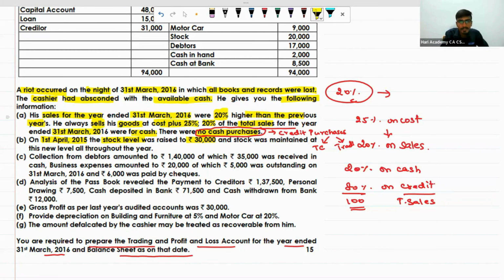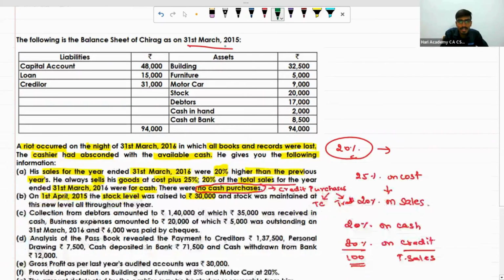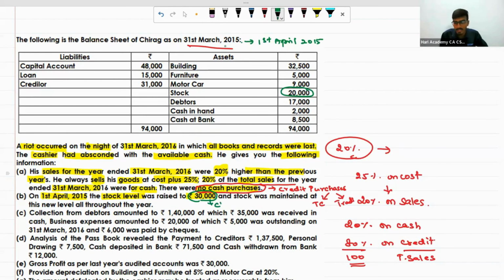On the balance sheet of 31st March 2015, I can take it as the 1st April 2015 opening balance sheet. On this, my stock is 20,000, which has now increased to 30,000. It is the closing stock. The stock was maintained at this new level all throughout the year. Every year, this is your final value.